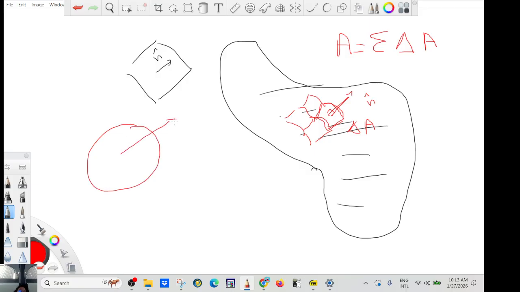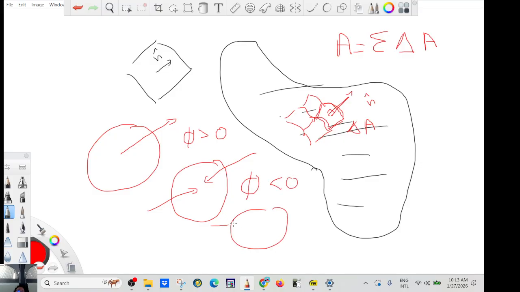So by convention, if it comes out of the bag here, the flux is going to be positive. If you have a bag and for some reason it flows in, the flux will be negative. And if you have as many flux lines in as you have out, the flux will be equal to zero. So you have to imagine water flowing. Epsilon zero never changes, right?